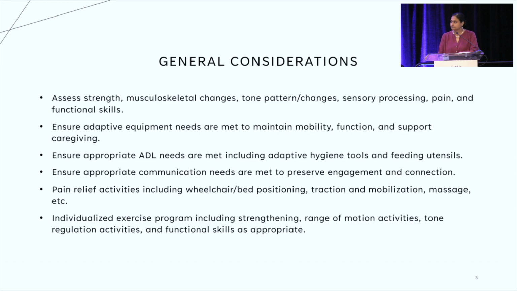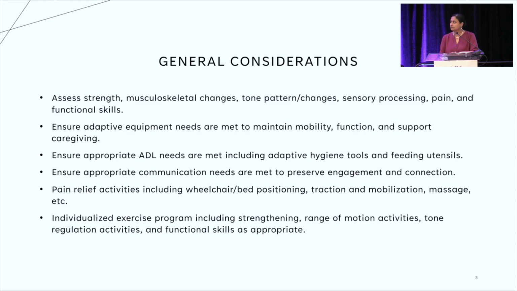So these are some general considerations when we are looking at therapeutic strategies for individuals with NBIA disorders. First of all, starting out with just a good assessment. The difficulty in providing strategies for individuals that have changing needs over time is really to take a step back sometimes and think about where we are now.